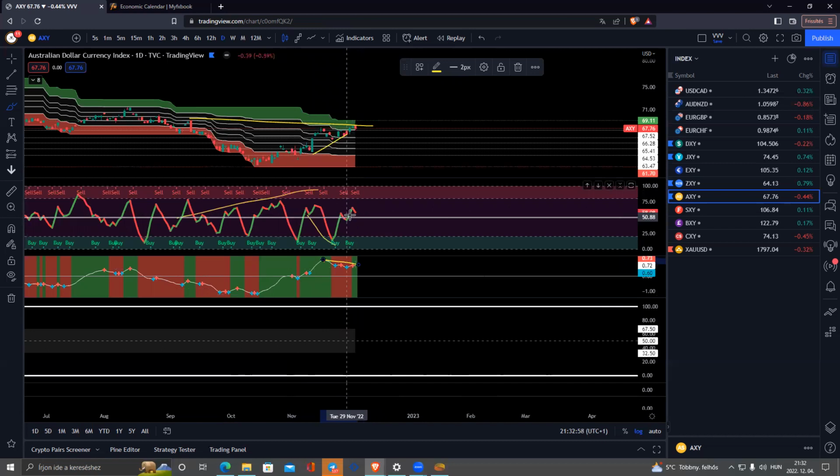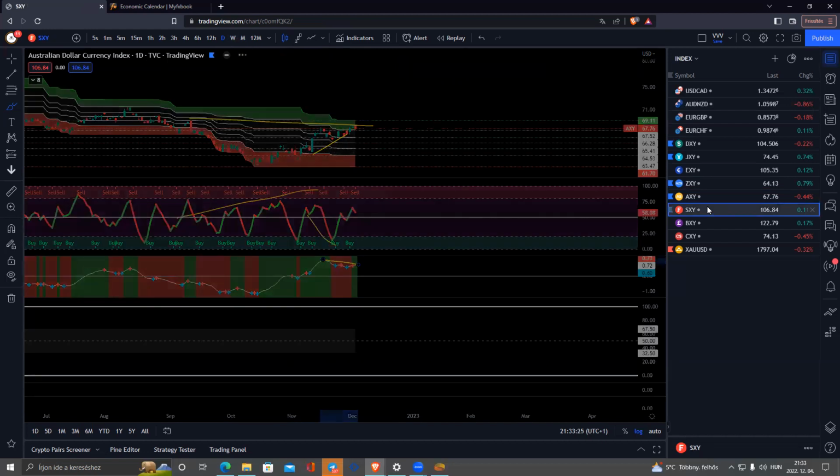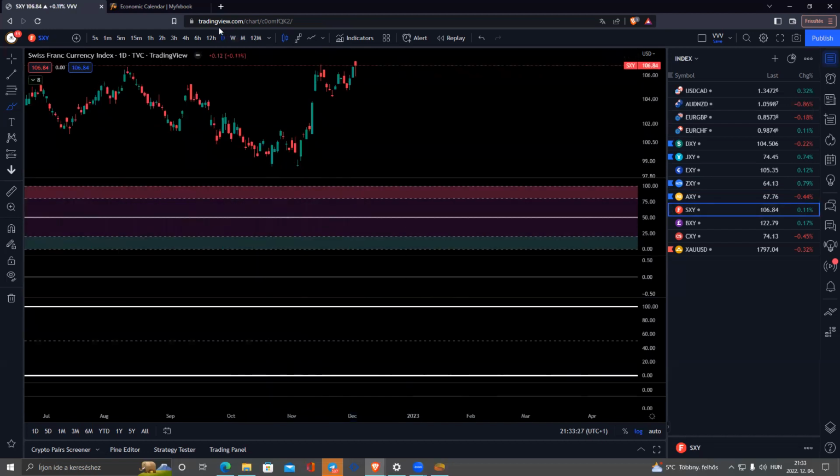There is no divergence, only a convergence. From previous week, there was also divergence, and we saw the price moving up, but right now, I want to see the price from this convergence falling down. Okay, so I'm looking for a weaker AXY. SXY.